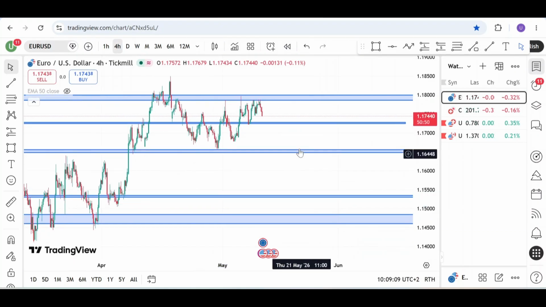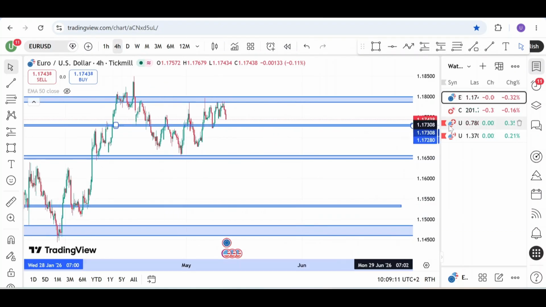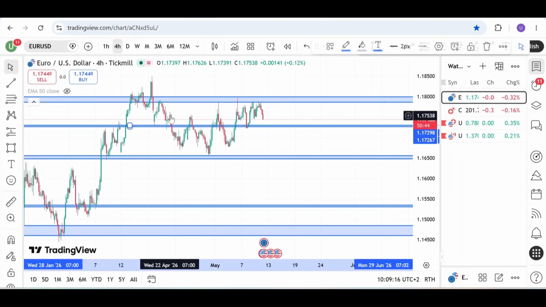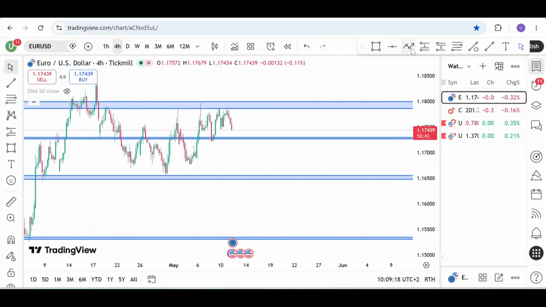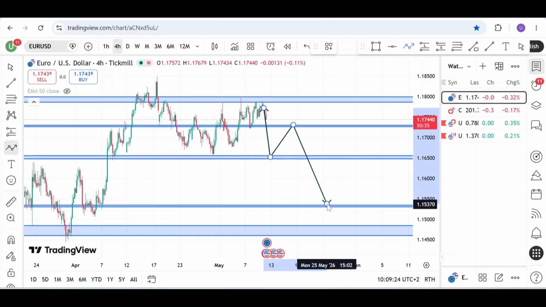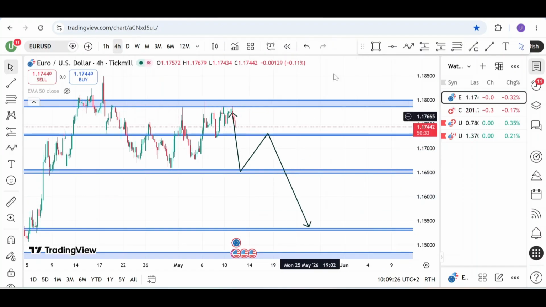So for me, I will sit on my fingers and wait patiently for two possibilities. The sellers might break this structure to create a lower low and then retest a lower high, and then I enter for sale. This is the first possibility.